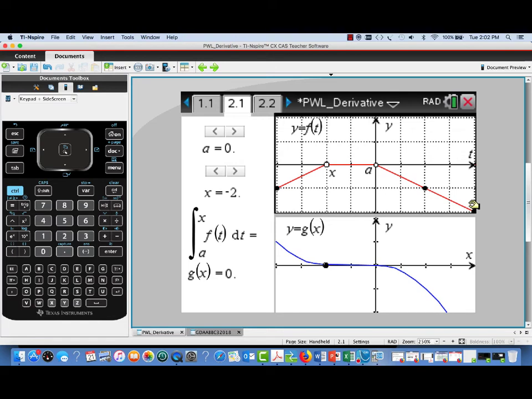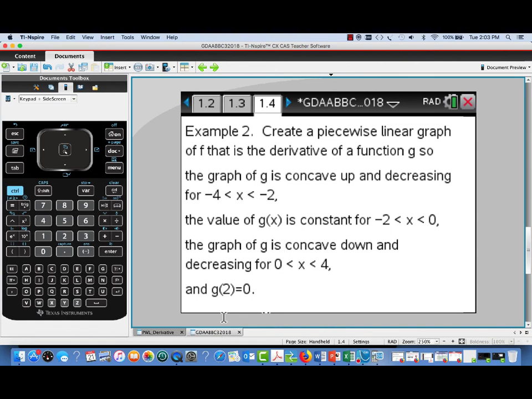That means the graph of g will be concave up and decreasing. Great, now we have the constant function between -2 and 0. And we've also got concave down decreasing from 0 to 4. And we accomplish that by making our derivative graph negative and decreasing.